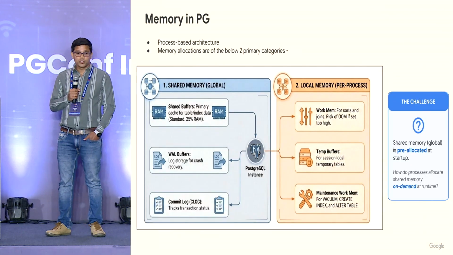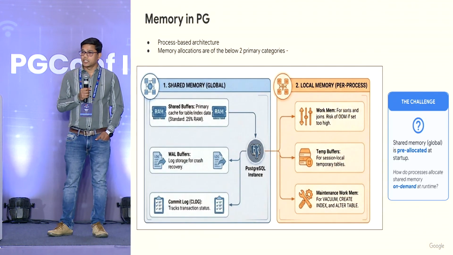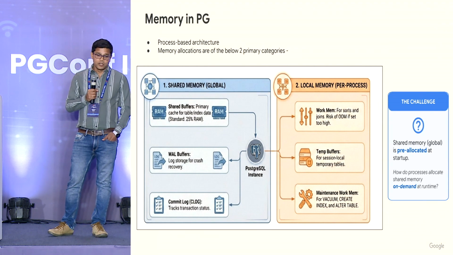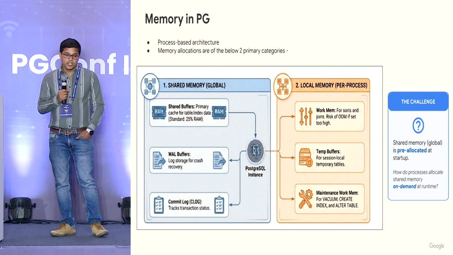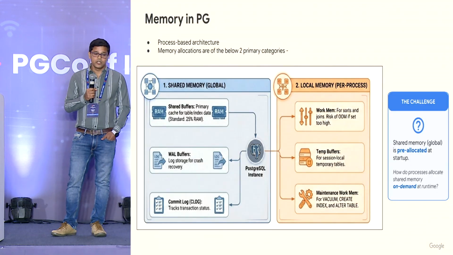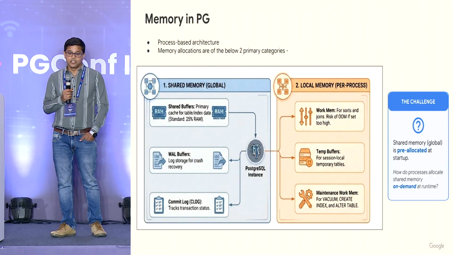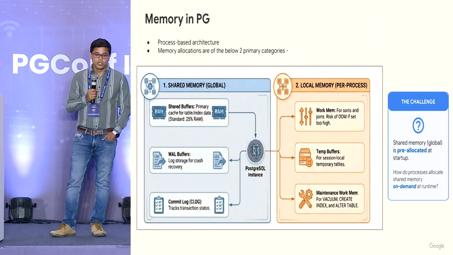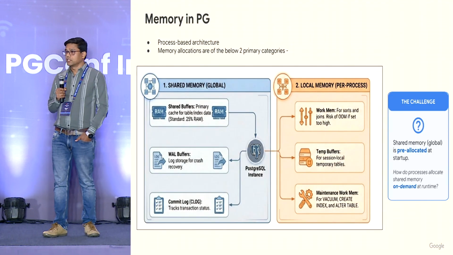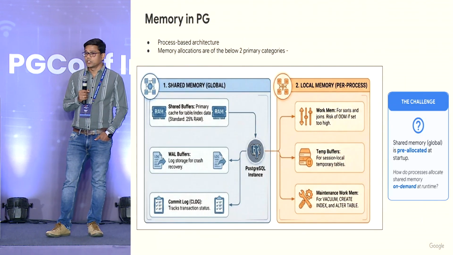As you know, Postgres is a process-based architecture, and for each backend you connect, that spawns a new process. Since we have a single buffer cache here, all of those processes or backends have to access the same memory.